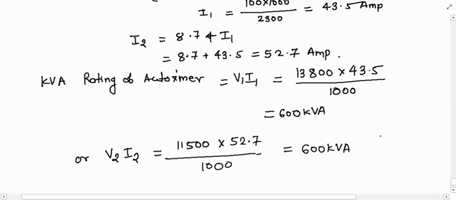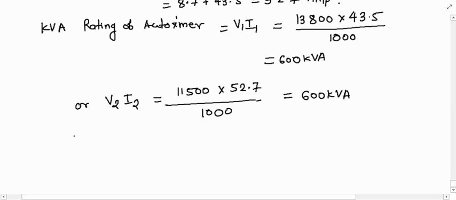Now what is the volume of your auto transformer? Volume of auto transformer is equal to 1 minus 1 upon K, right? What is K? K is nothing but V2 by V1.